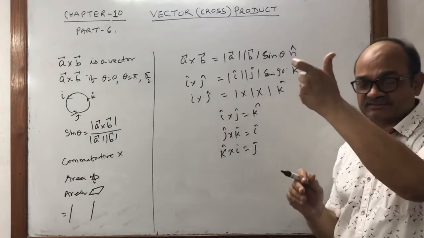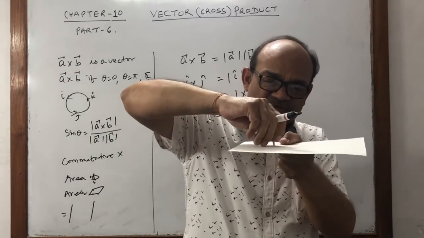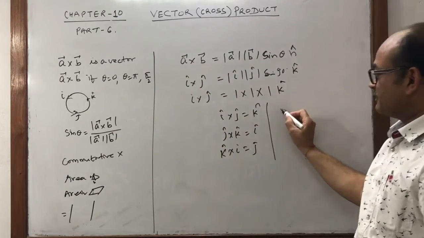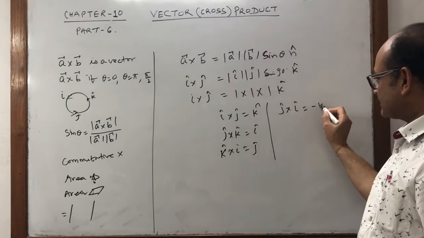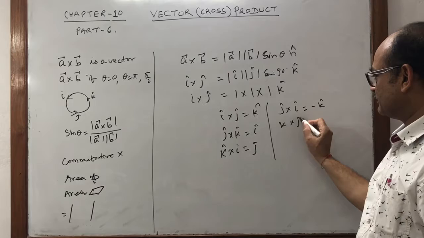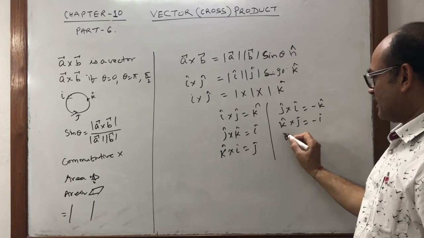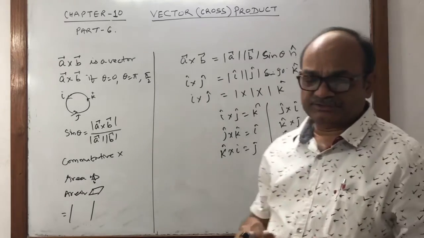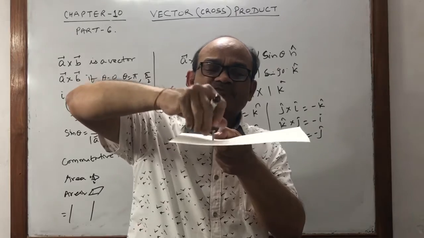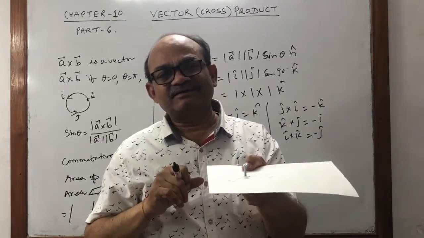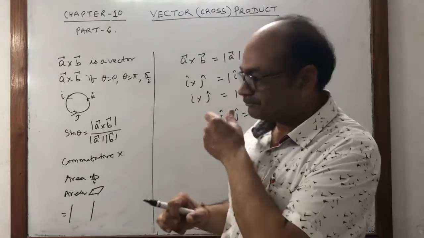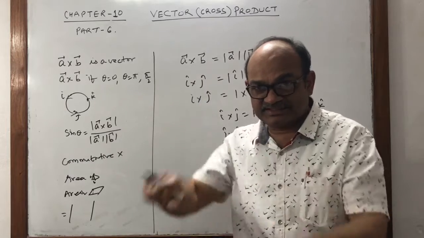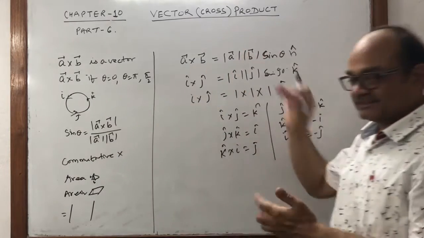But if we change the order, if we change the direction, we are going like this, I and J, reverse, steering को हम उल्टा घुमा दो, then you have to write J cross I is minus K, K cross J is minus I, I cross K is minus J. डायरेक्शन इज इंपॉर्टेंट, क्योंकि जैसे डायरेक्शन चेंज हुआ रिजल्टेंट पूरा 180 डिग्री से अपना डायरेक्शन चेंज कर लेगा, करेक्ट ना? तो इसका बहुत ध्यान रखना है। So the best thing is the steering, car steering, IJK, JK. जैसे उल्टा चले डायरेक्शन उल्टा कर देंगे.